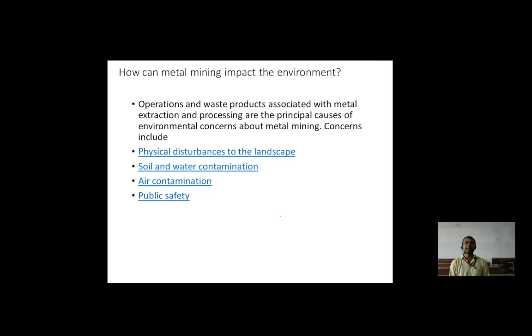We are digging deeper and deeper to extract the ores of the metal, making the earth resource-free. So what is the operation? Operations and waste products associated with metal extraction and processing are the principal cause of environmental concern about metal mining. So what are the main issues?